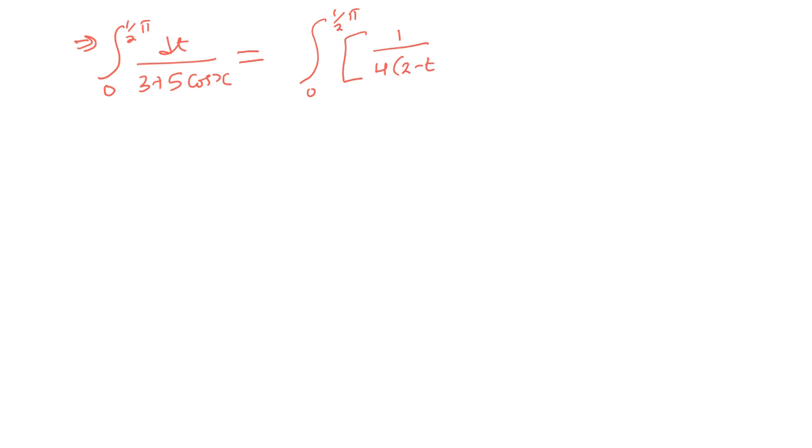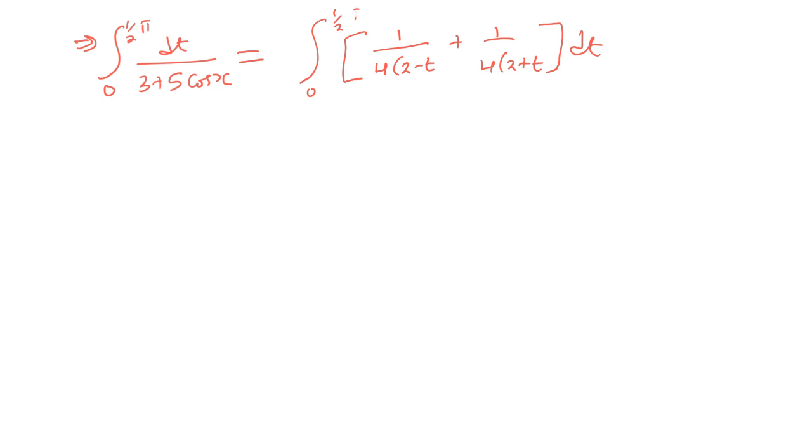The integral from 0 to half pi of dx over 3 plus 5 cos x is now equal to the integral of 1 over 4 into 2 minus t plus 1 over 4 into 2 plus t, and you're integrating this with respect to dt.